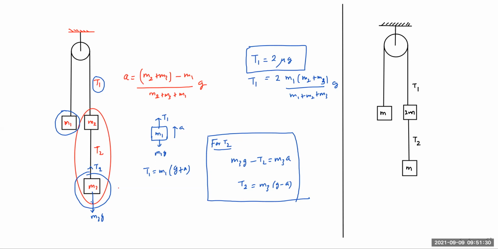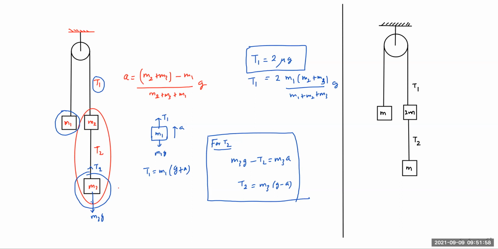Sir, the tension T2 is 4 by 3 mg. Yeah, so T1 is 3 mg by 2, right? This is T1. Yes, and T2 is 4 by 3 mg.